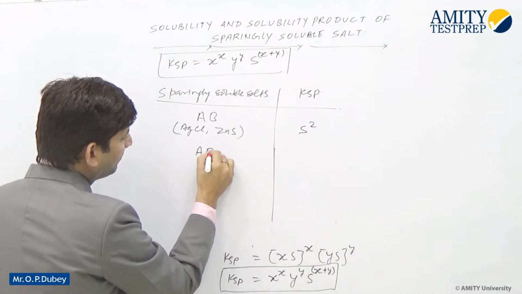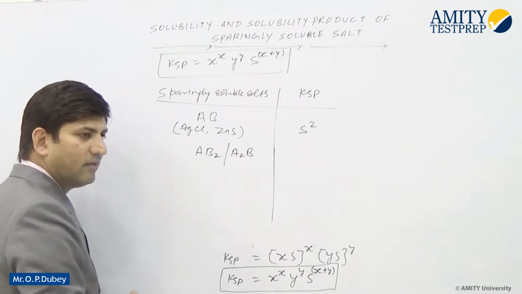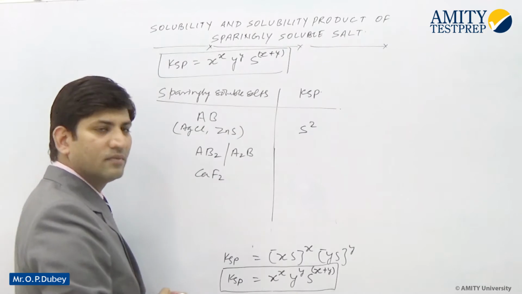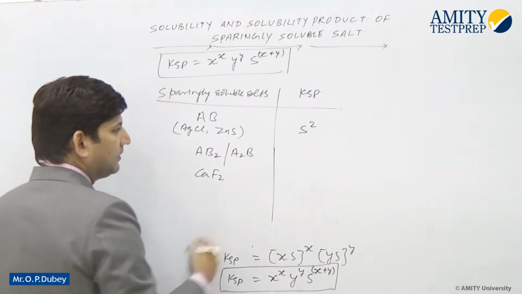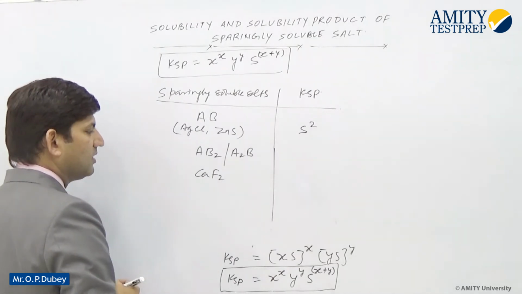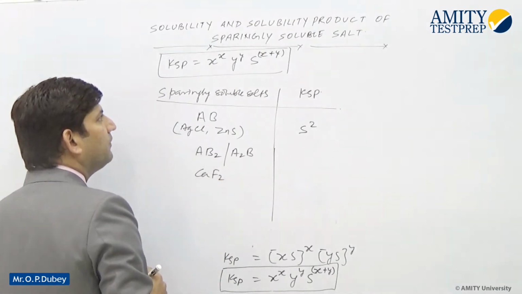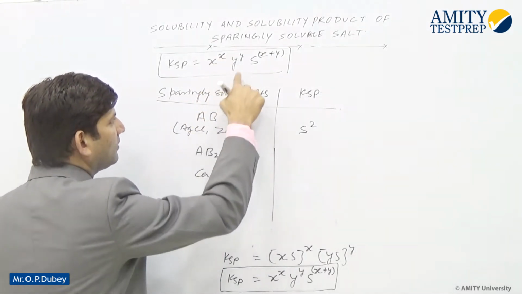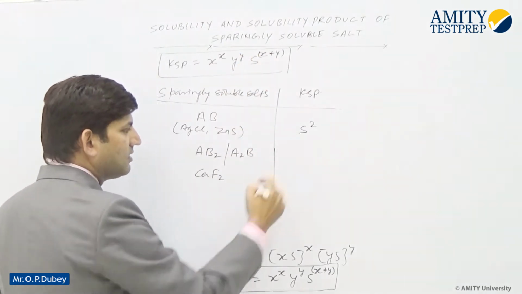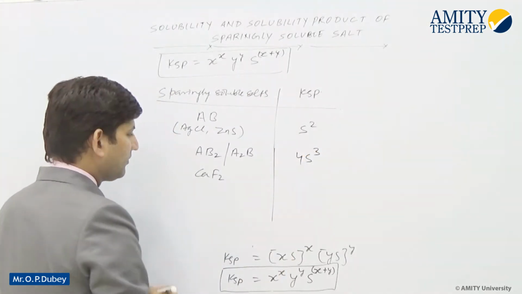Suppose the salt is AB2 type or A2B type, as for example CF2. In this case the value of x is 1 and the value of y is 2. Therefore, 1 raised to the power 1, 2 raised to the power 2, that is 4, and S raised to the power 1 plus 2, that is 3. That means the expression of Ksp is 4S cubed.